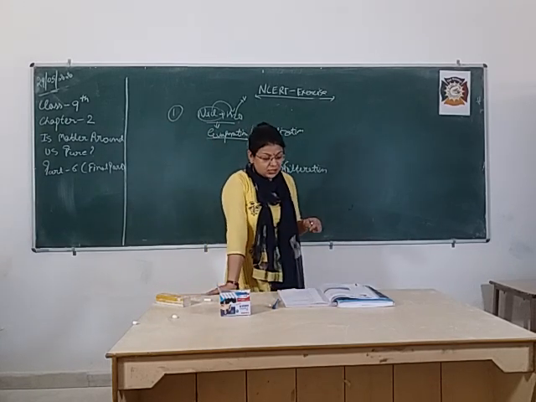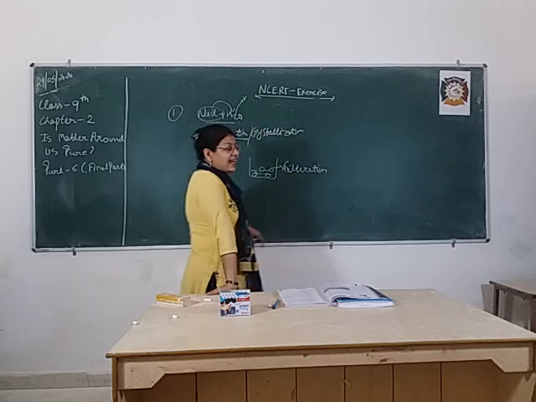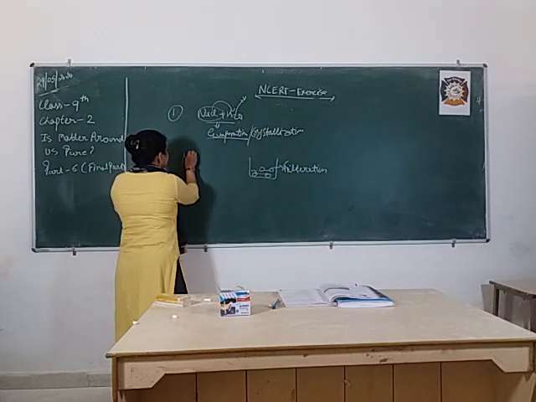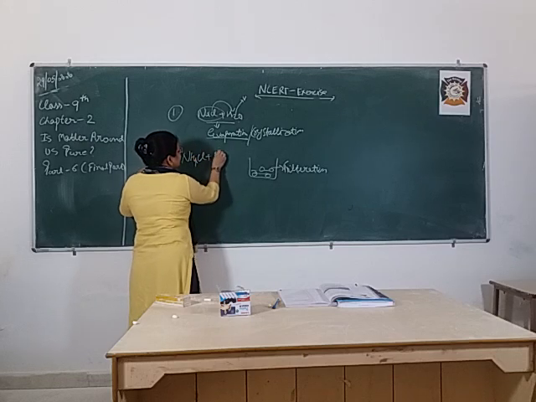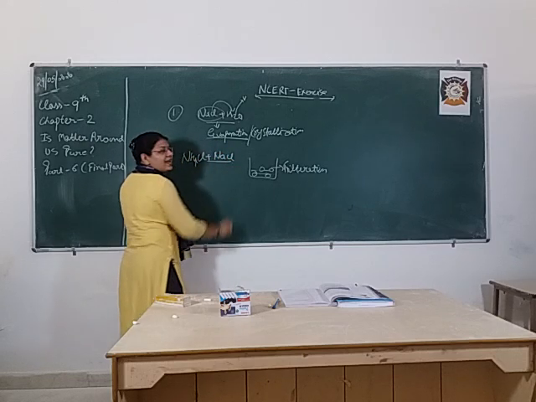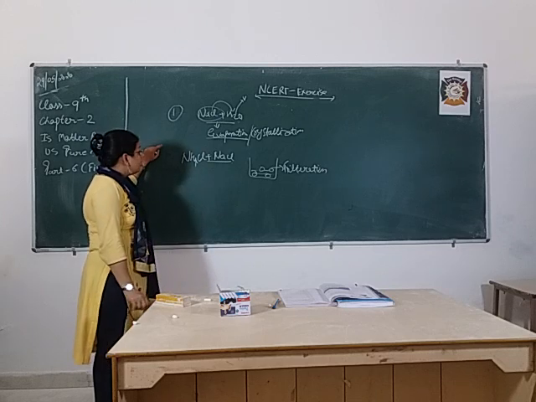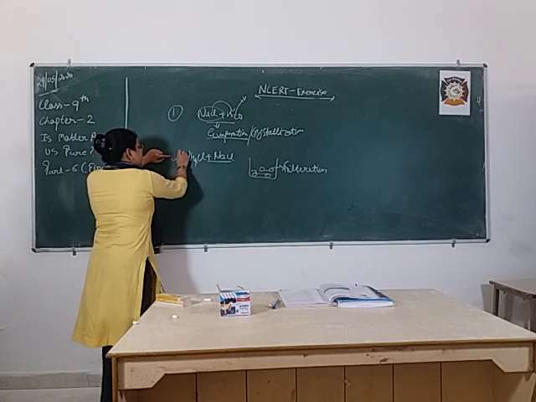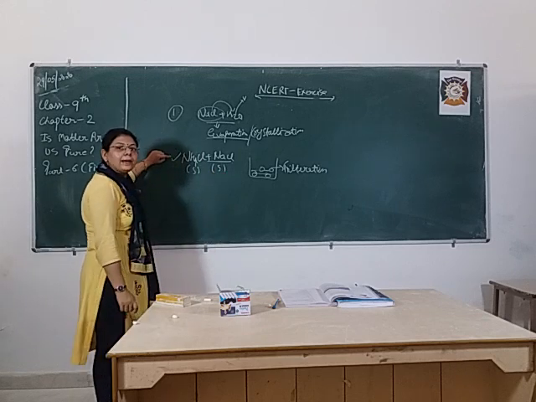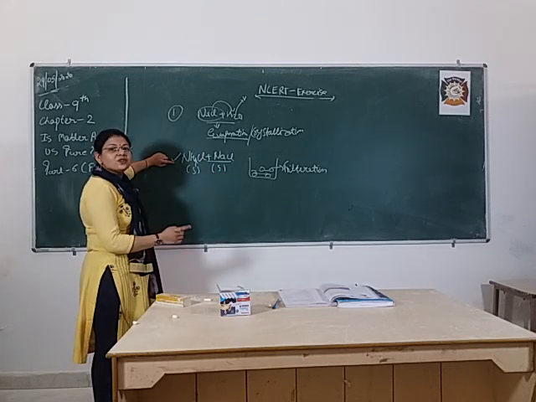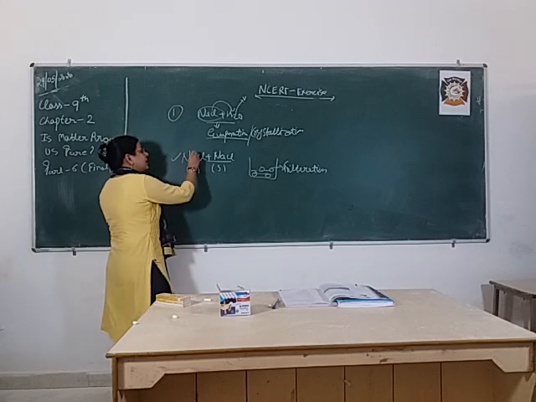The next is about ammonium chloride as well as sodium chloride, that is NH4Cl and NaCl. In this, they are both solid. Ammonium chloride is in powdered form and NaCl is also in powdered form. So how are you going to separate the two solids?